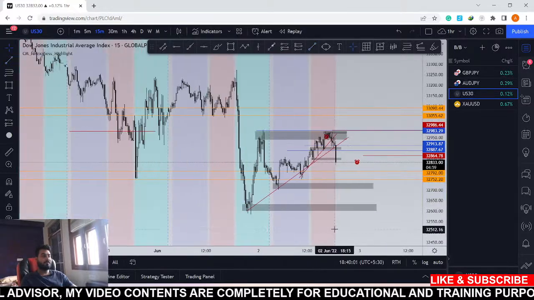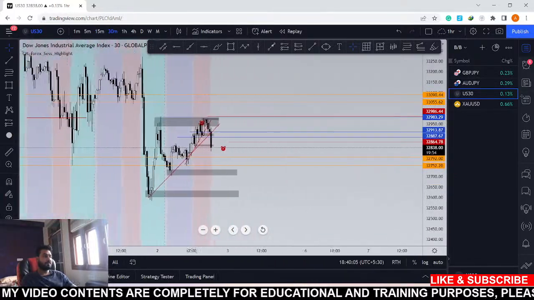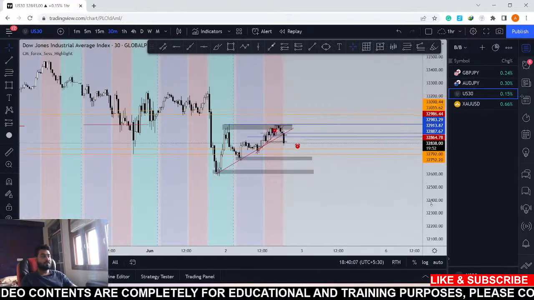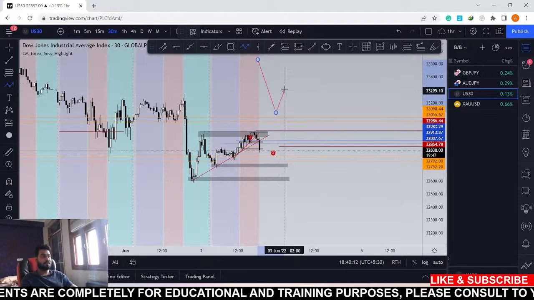This is some sort of black pattern. If you know this pattern, then it is like this. Come down.